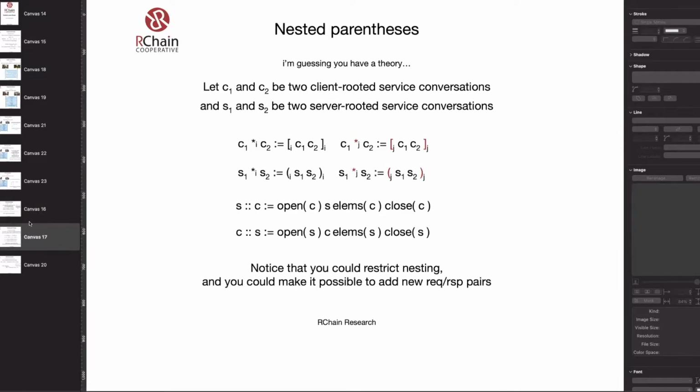Now, obviously, there's an algebra, right? So the algebra of these conversations looks like, so you have, imagine that you've got two client rooted or client initiated service conversations and two service initiated service conversations. Then we have two operations which are essentially polymorphic, right?